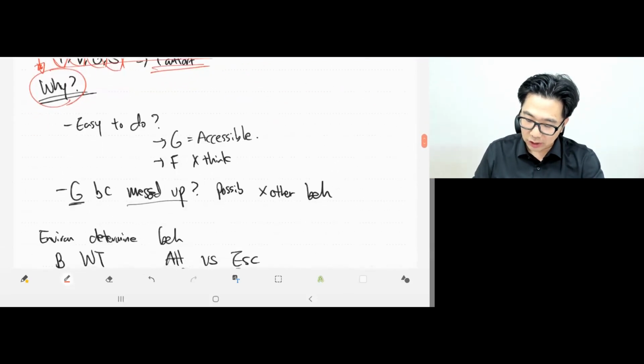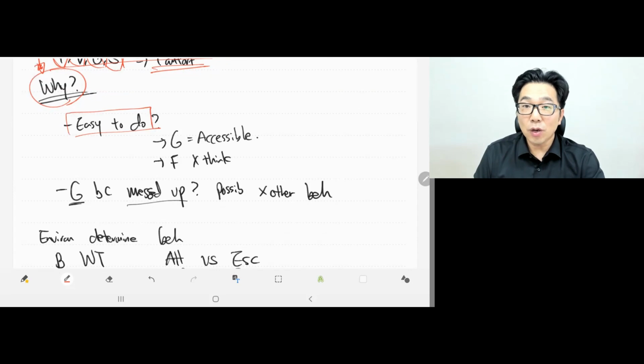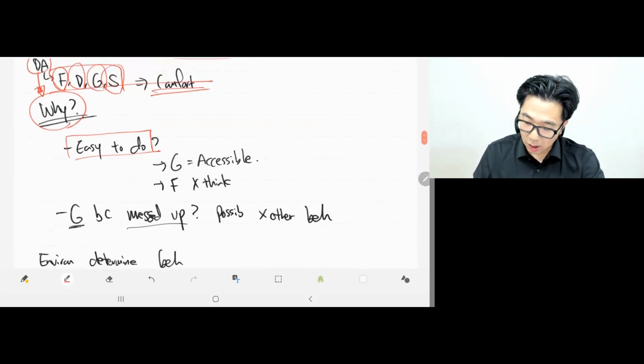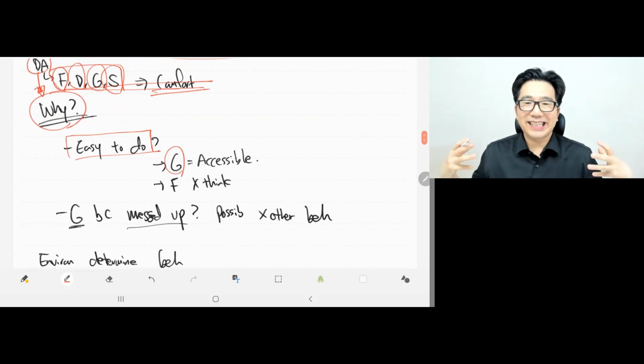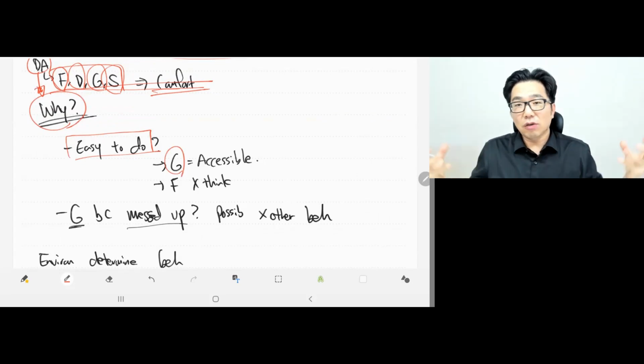And the male student says his opinion, the answer, is that it's easy to do. Comfort behaviors are easy to do. Grooming is very accessible. You can do it whenever, wherever, and you have the tools to do it. It's not hard.